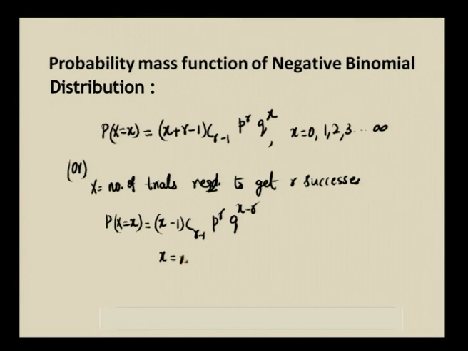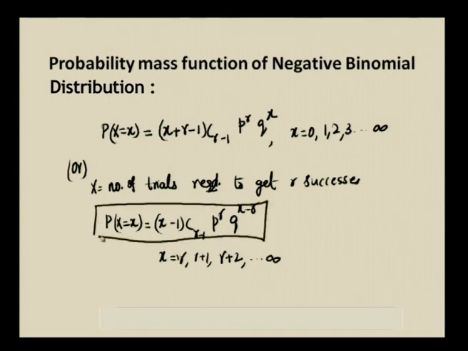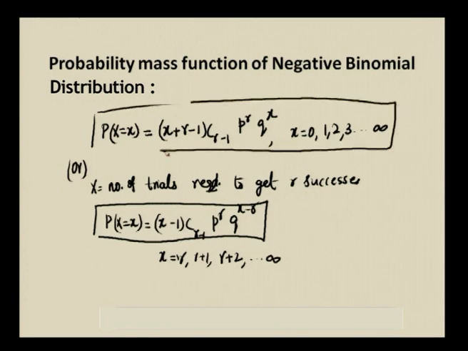So, x will take the values r, r plus 1, r plus 2 etc. up to infinity. Both formats of the probability mass function of negative binomial distribution are accepted, because many authors have represented it in many forms.